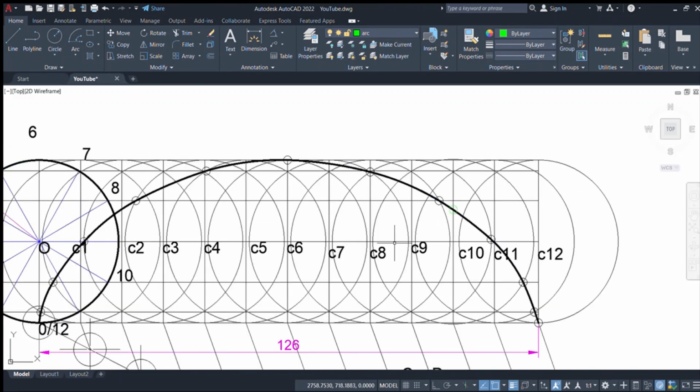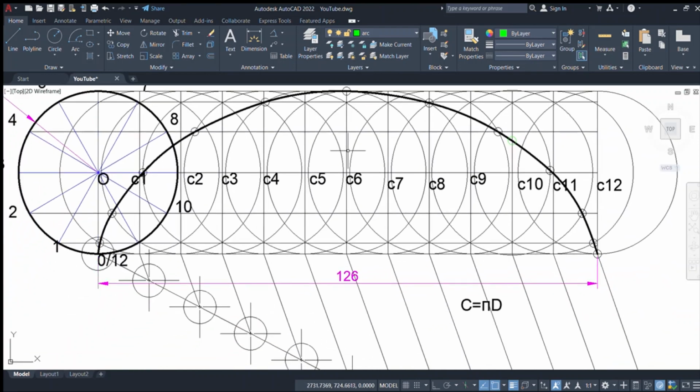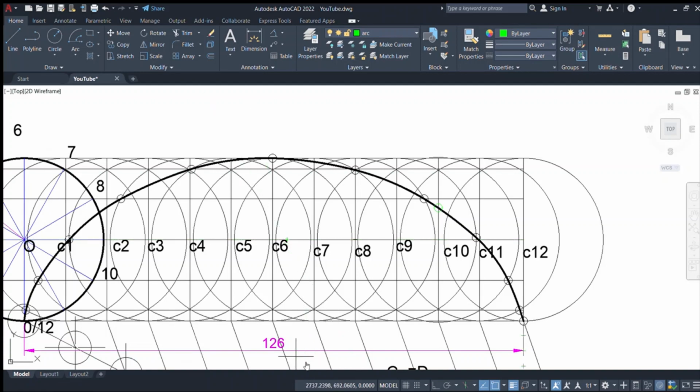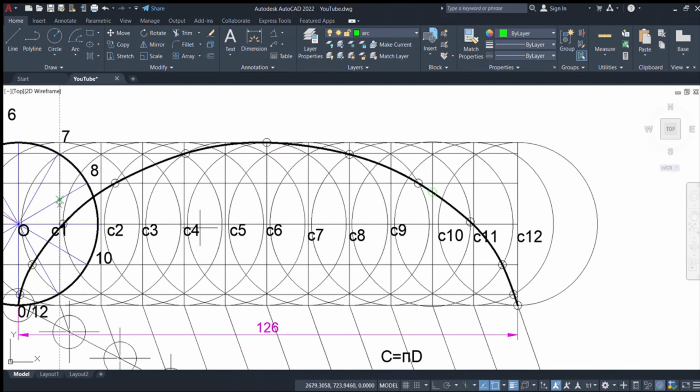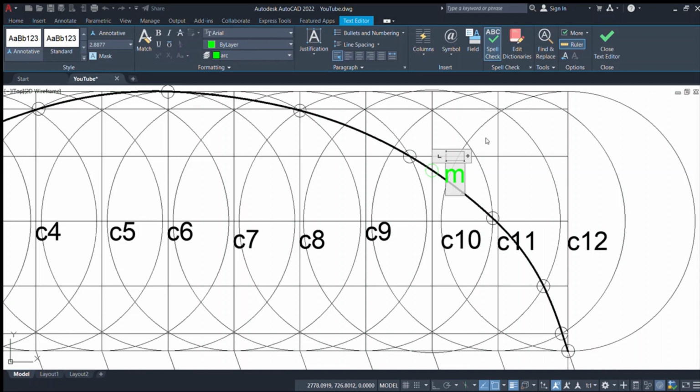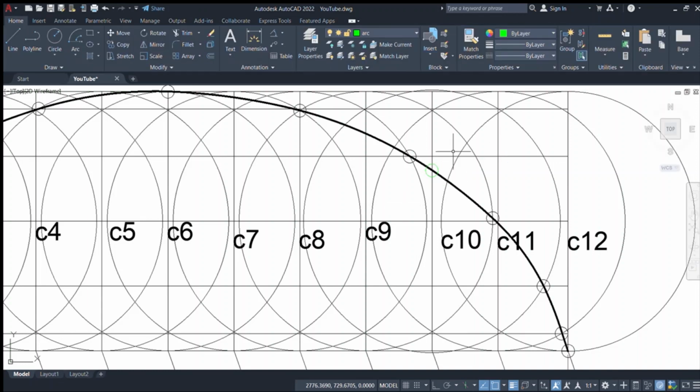So what I will do next, take your compass, using the radius of 20 as the main circle. First let's go to that point M.